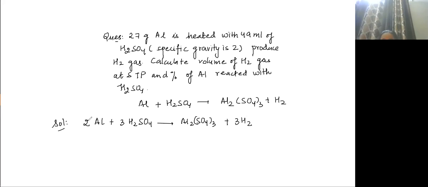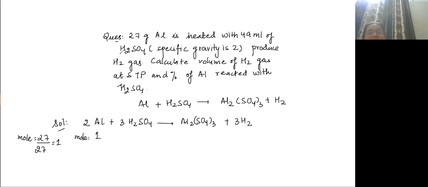Is this equation balanced? Now, first thing you have to find out moles of aluminium. Weight is given. So, mole is equal to weight divided by atomic weight. So, 27 divided by 27, moles comes out to be 1.